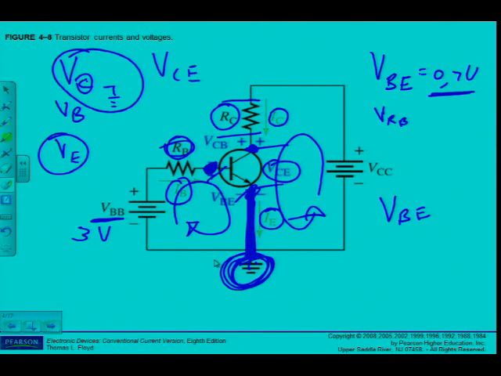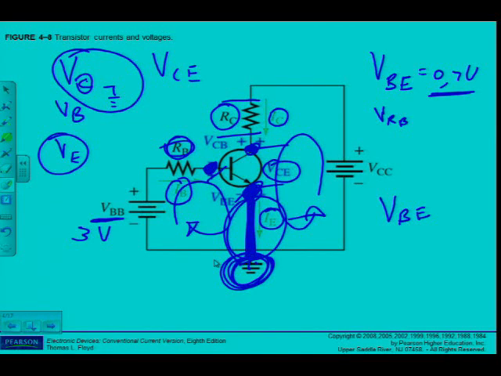I will get the value, and then I can also measure, of course, VCE. VCE, that's between the collector and the emitter, so the red lead goes on the collector, the black lead goes onto the emitter. Is there going to be a difference between VC and VCE? In this case not, because there's no resistance between emitter and ground. So there's no extra voltage drop. So in this specific case, VC and VCE will be the same thing.